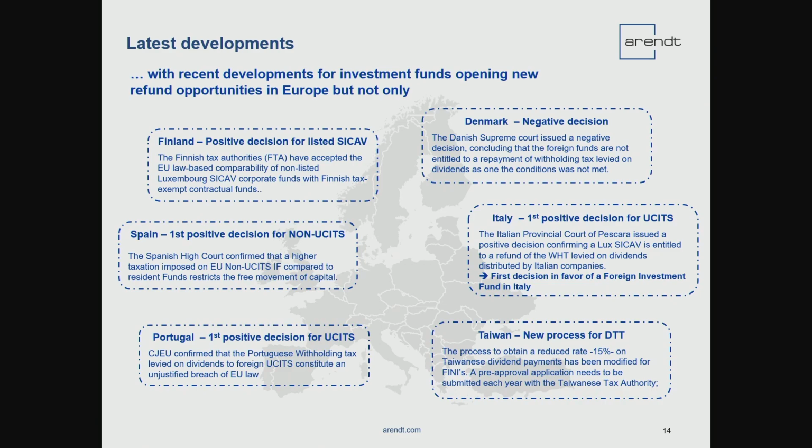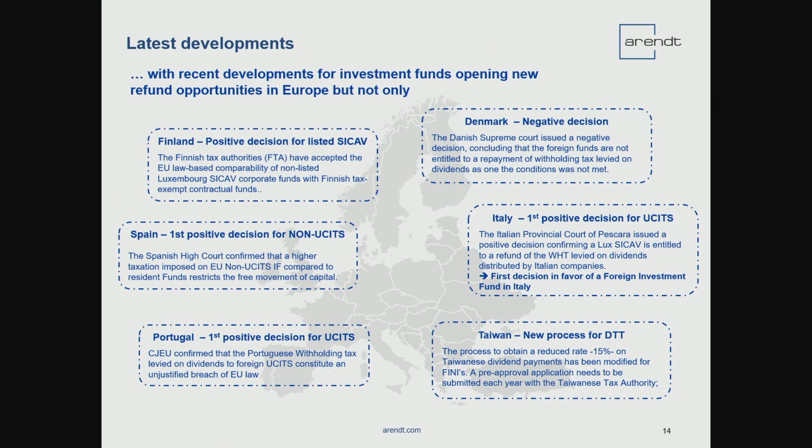That opened the door for Luxembourg and other EU non-UCITS funds to have access to a refund of the withholding tax. Before, it was open only to UCITS funds, and you were able to benefit, before payment of the dividend, from the reduced rate, or, if you didn't do it, by introducing the reclaims.